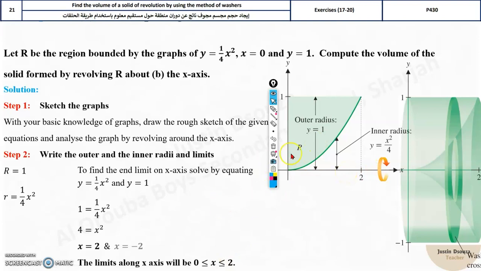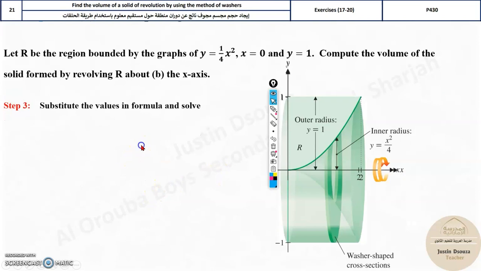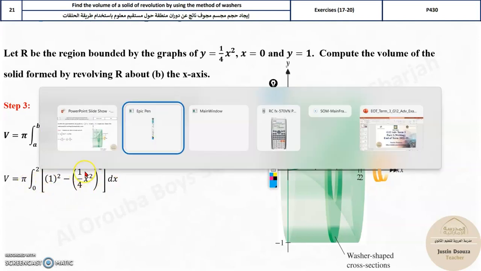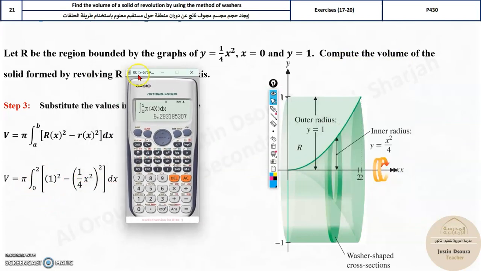Now it's not over. You need to write the formula and substitute. From the limits a to b, in this case 0 to 2, capital R is the outer radius, 1, minus the inner radius one quarter x squared. So all you're doing is substituting 1 squared minus one quarter x squared, the whole square. Remember the formula also has a square, so it becomes square of a square. Now just put this in the calculator and you'll get the answer directly.